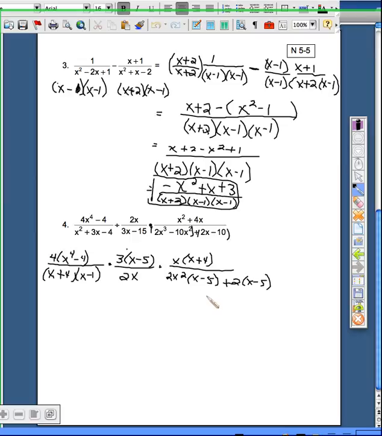Okay. So let's rewrite it again. Factor it as much as we can. This will factor as a difference of squares. So we're going to have 4 times x squared plus 2 times x squared minus 2.